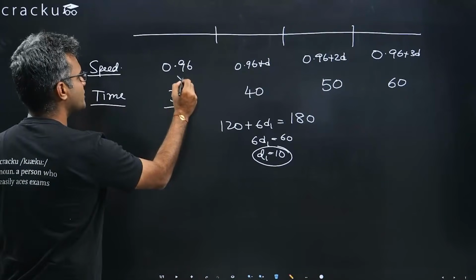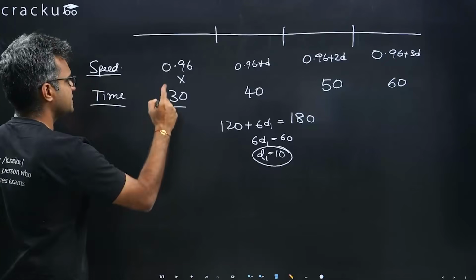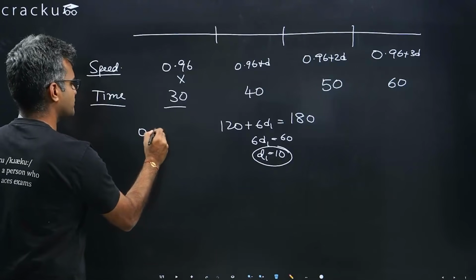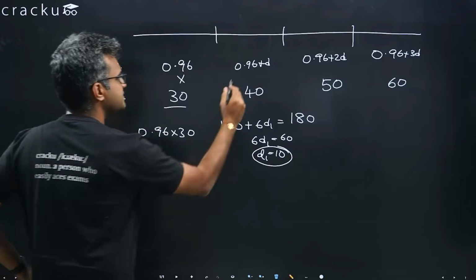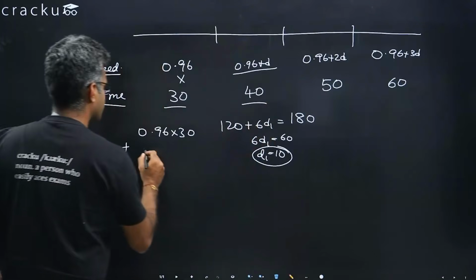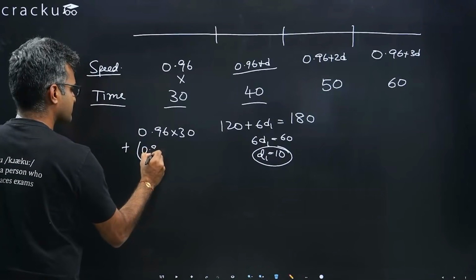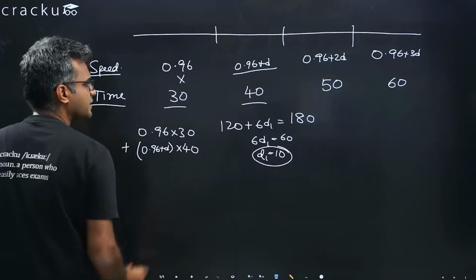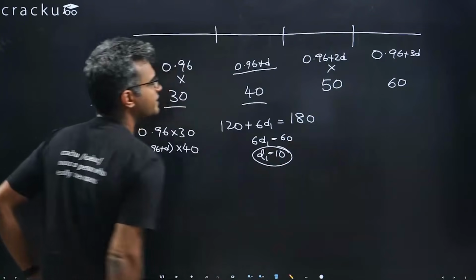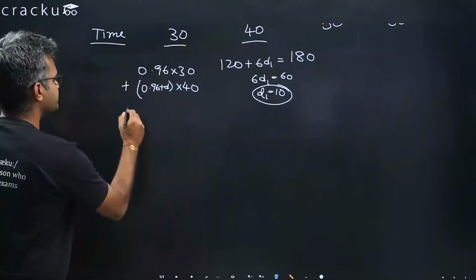It will be 0.96 into 30, plus 0.96 plus d into 40. And in the third part, she would have traveled 0.96 plus 2d into 50.